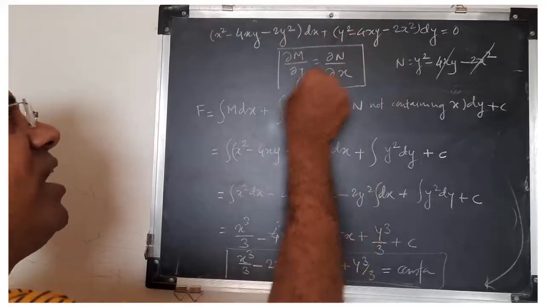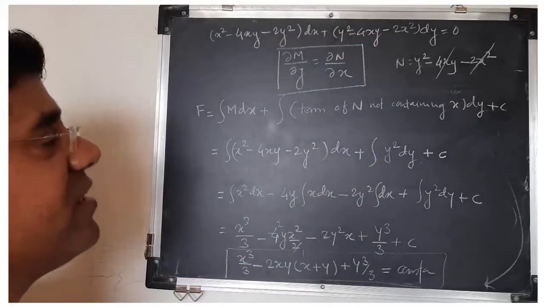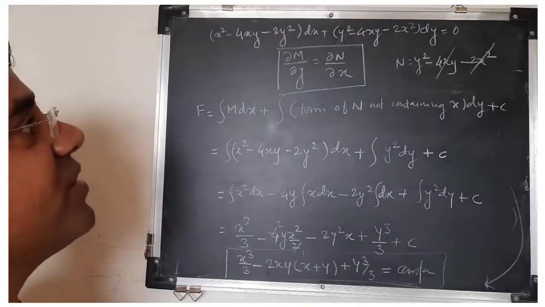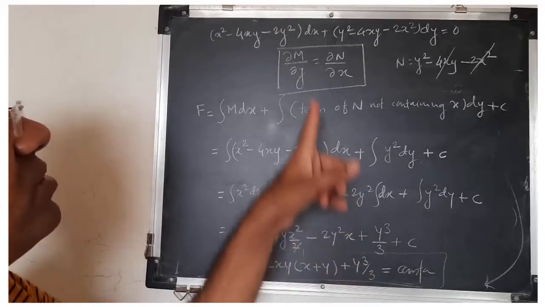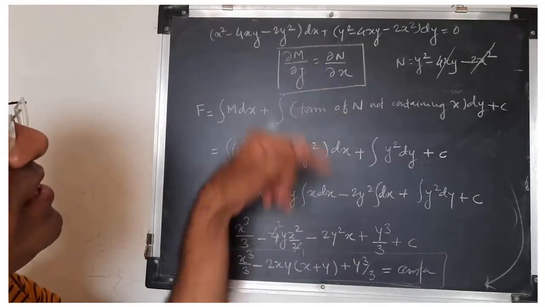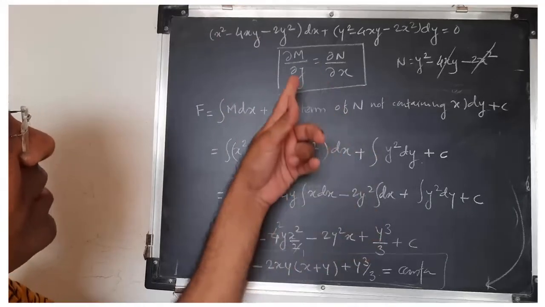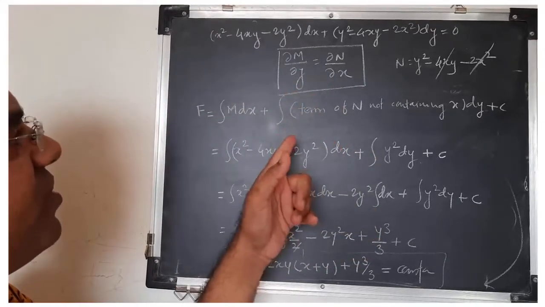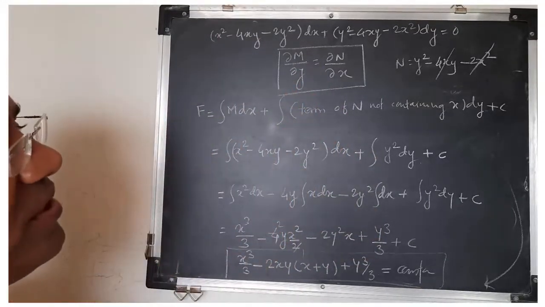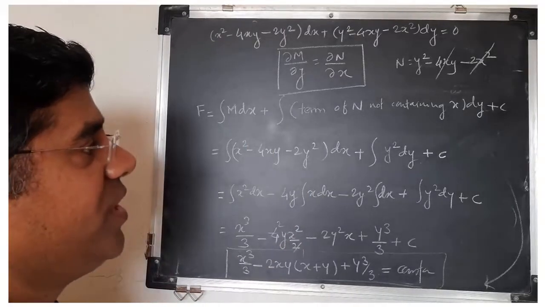So suppose someone asks whether the given differential is exact or not, then prove this condition. And suppose they say find the given function, which should always be a constant, then use this method or your earlier method.